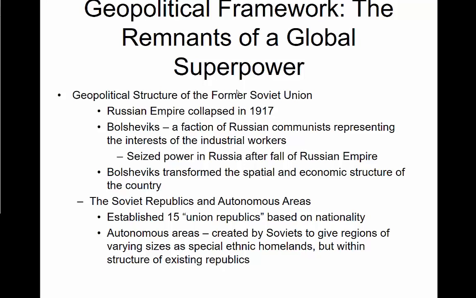It was based on 15 Union republics, some of which we'll talk about in this chapter, others in Central Asia with your stan countries: Uzbekistan, Tajikistan, Kazakhstan. And these are these autonomous areas, ethnic homelands.